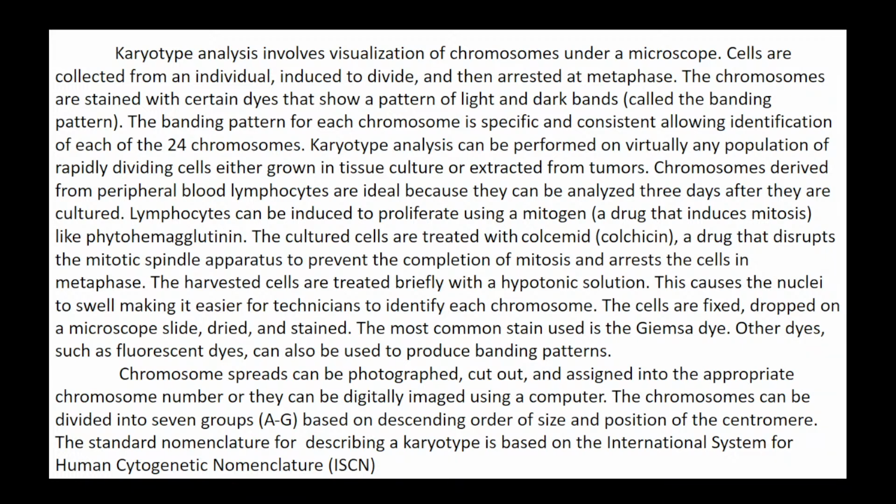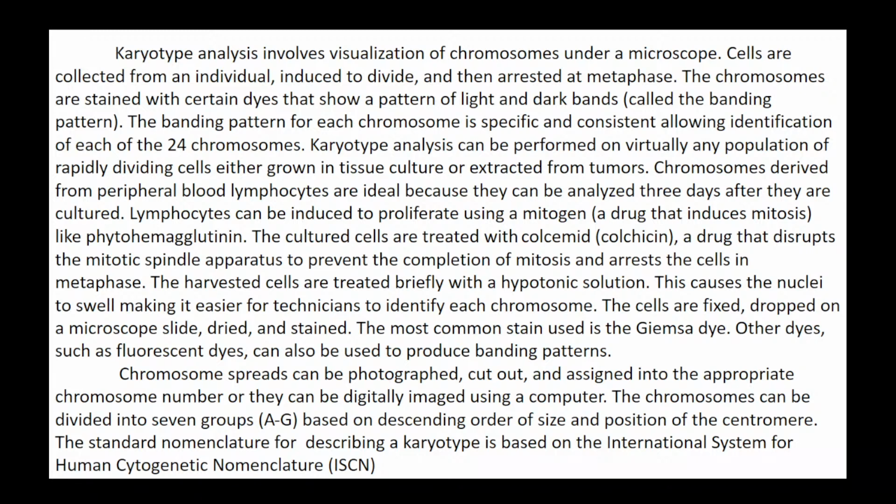human disorders. So the next step is that the chromosomes should be photographed, cut out, and assigned into the appropriate chromosome number, or they can be digitally imaged using a computer.